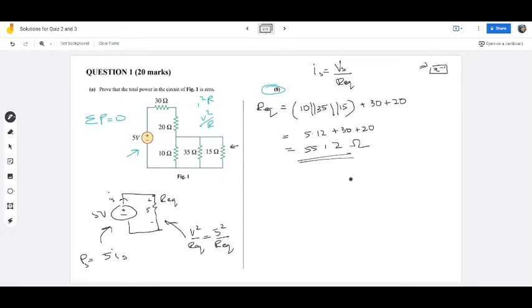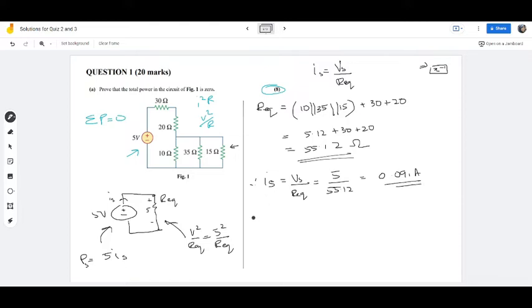Then you have to find your IS. Therefore, IS equals VS over R equivalent, equals 5 over 55.12. Let the calculator do the hard work, and you will get 0.091 ampere.